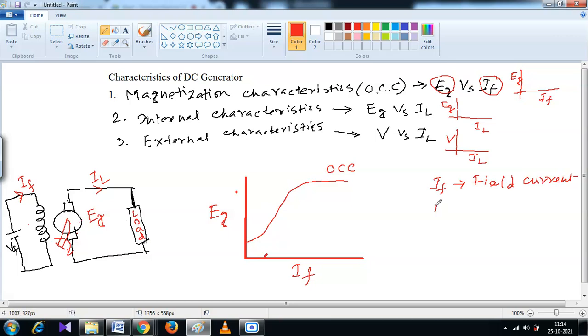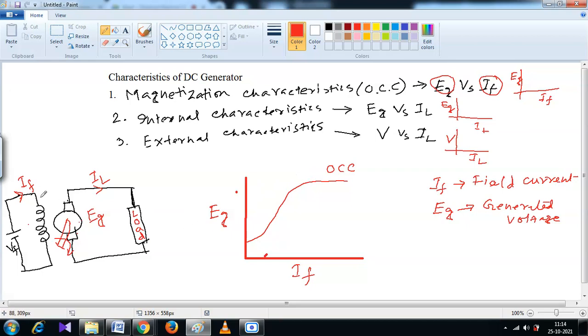And what is EG? Generated voltage. And where is the voltage generated? What is the name of that part? Armature. Good.